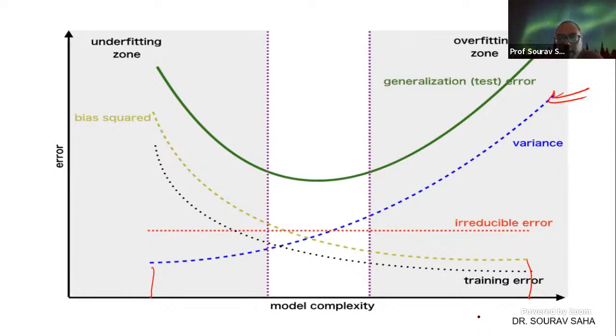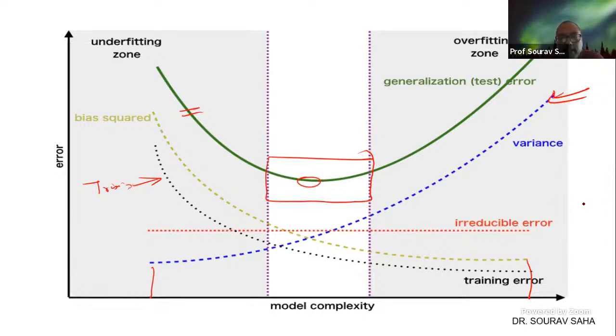On the training data, as you increase the complexity, the training error comes down and down. On the testing part, initially it comes down and then goes up. Around this zone is where it is lowest.